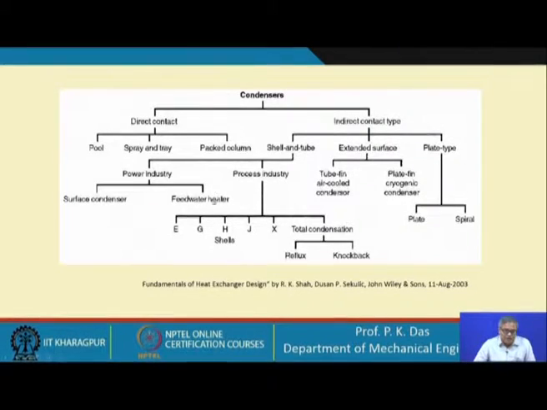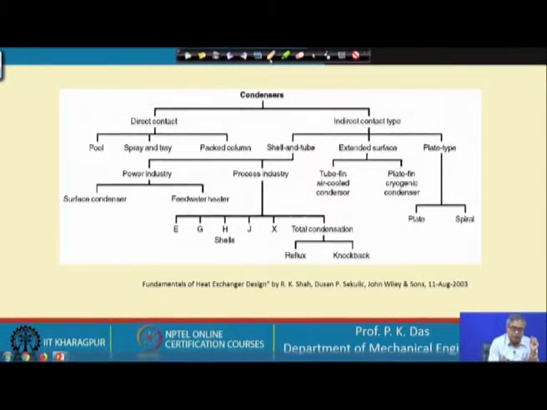But at this point let me tell you, there could be two types of feed water heater: open feed water heater and closed feed water heater. In an open feed water heater, steam and feed water come in direct contact, and then that becomes some sort of a direct contact condenser, which I described just at the beginning.